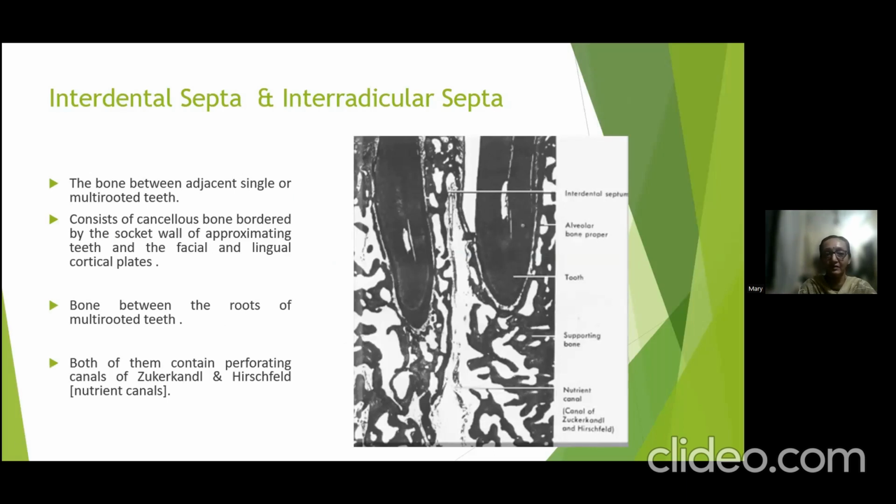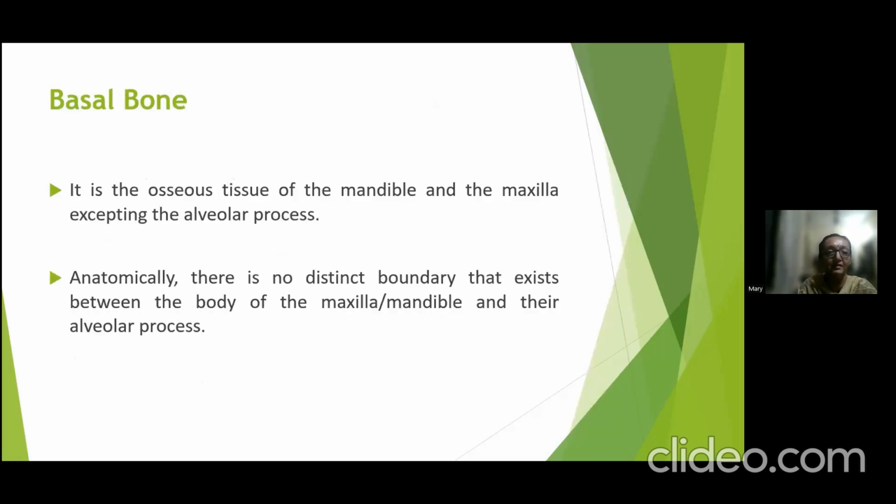The interradicular septa is the bone between the roots of multi-rooted teeth, and both these septa contain perforating canals of Zuckerkandel and Hirschfeld, which are the nutrient canals. These canals give nutrients to the alveolar bone. That is, they are the main channels of blood supply.